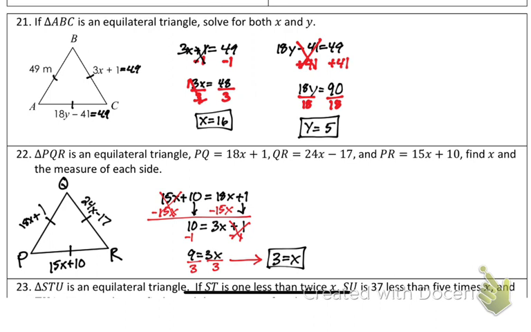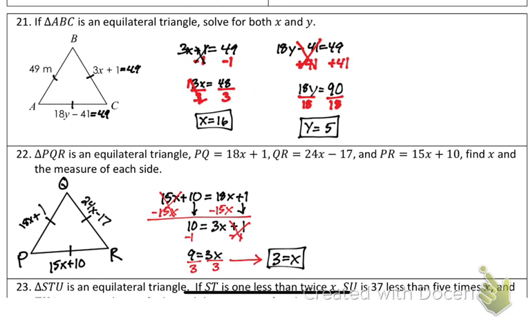Here's the problem. You don't get all the points for this problem. It didn't say just solve for x. It says solve for x and find the measure of each side. So that means we need to plug that 3 into each of these x values. So for example, you don't really have to.